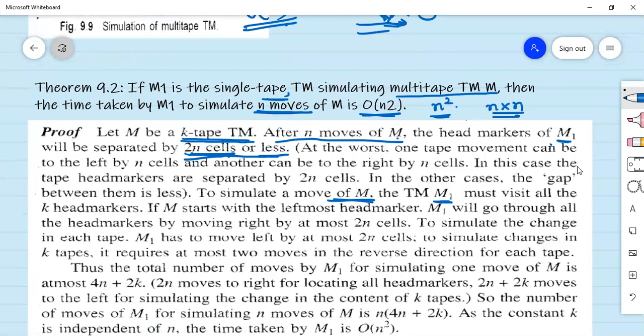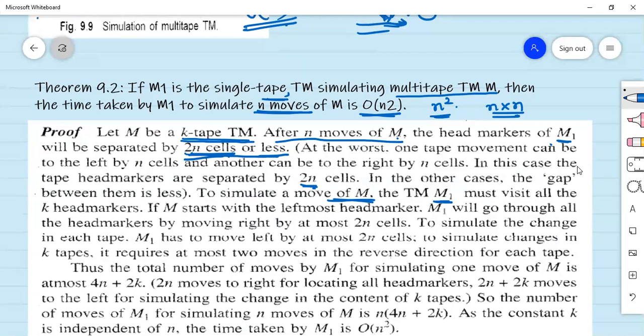So to simulate change in each tape, you may have to check by moving left by 2n cells. That means at most two moves in the reverse direction in each tape. M1 starts with the leftmost head marker and you have to go through all the head markers, and the maximum gap is 2n.